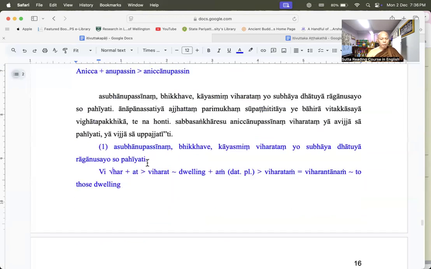So now the meaning of that line: to those who dwell formless on the body, what happened?